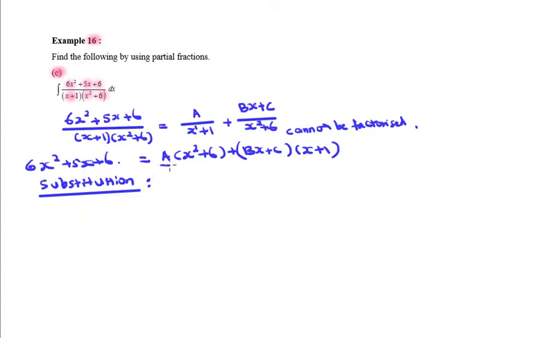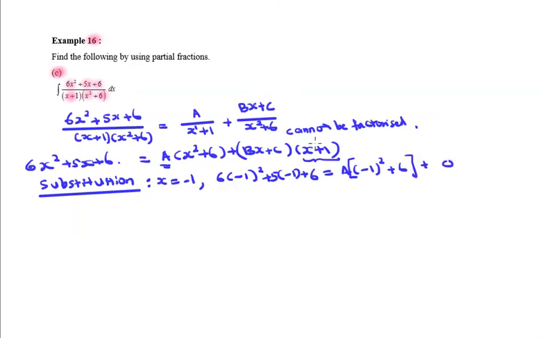To find a, I set x plus 1 as 0. It happens when x is equal to negative 1. Therefore, substitute negative 1 on the left hand side and right hand side. Plus 0, as negative 1 plus 1 is 0.